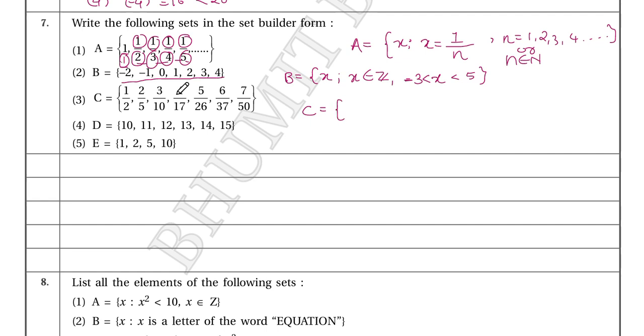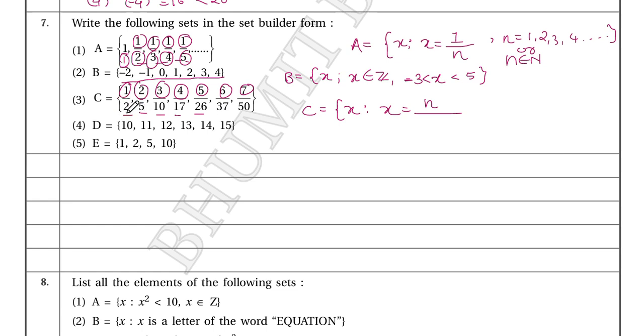In set C, what you can see here is in the numerator 1, 2, 3, 4, 5, 6, 7. So x is such that x is equal to, the numerator is changing, let's say the numerator is n. 1, 2, 3, 4, 5, 6 upon. Now look at the denominator. The denominator is 2, 5, 10, 17, 26. So what is the pattern here?